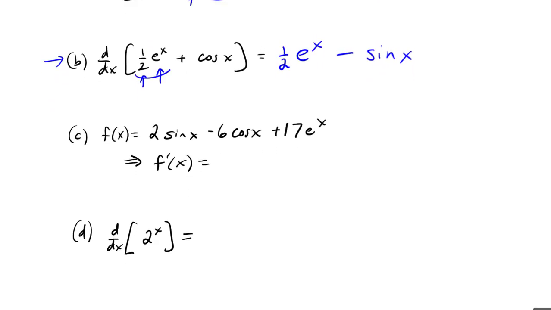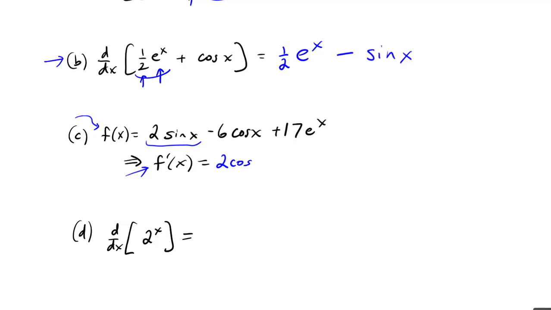All right, so now f of x is 2 sine x minus 6 cosine x plus 17 e to the x. So now we're doing it in slightly different form, in the prime notation. If this is the function here, then the derivative would be represented by, okay, go here, 2 sine x. 2 stays around as a constant multiple.